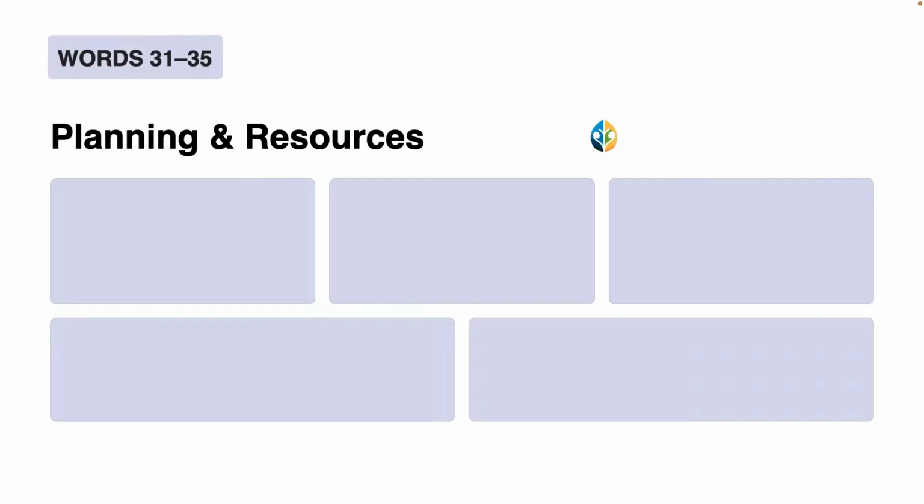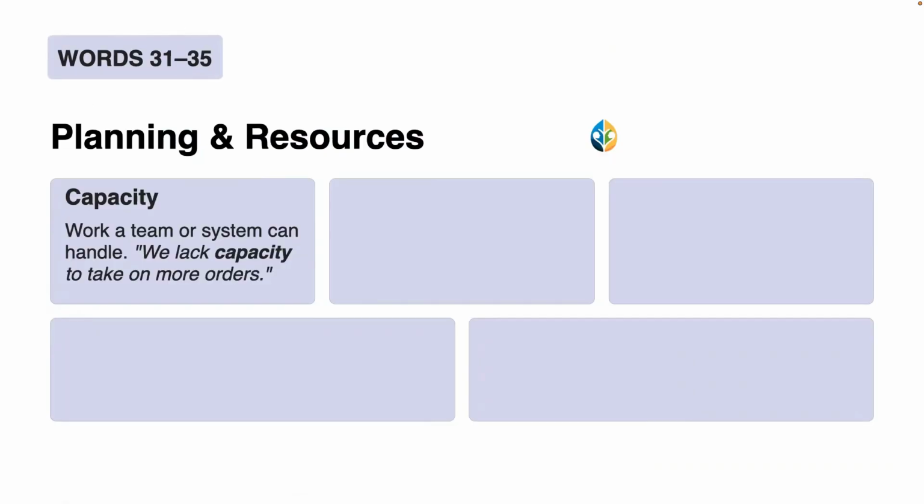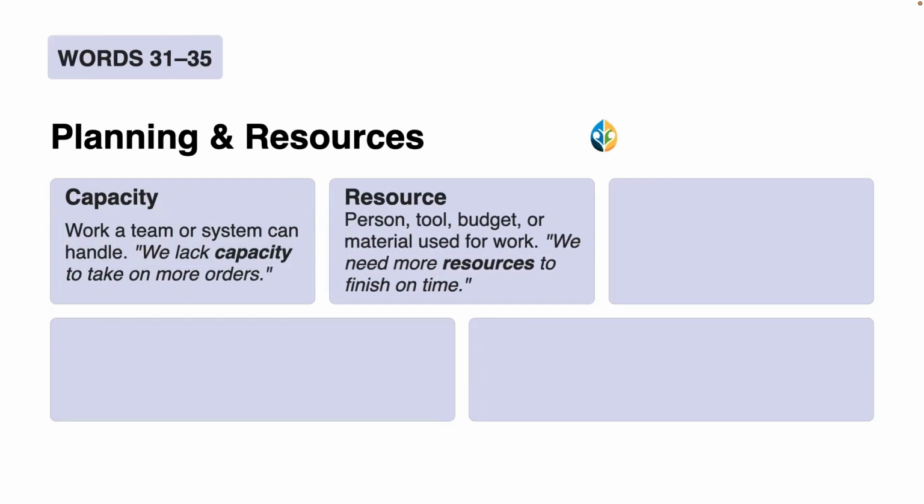Our next group, planning and resources. Capacity. Work a team or system can handle. We lack capacity to take on more orders. Resource.